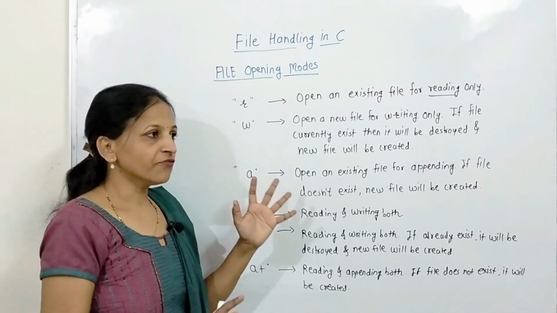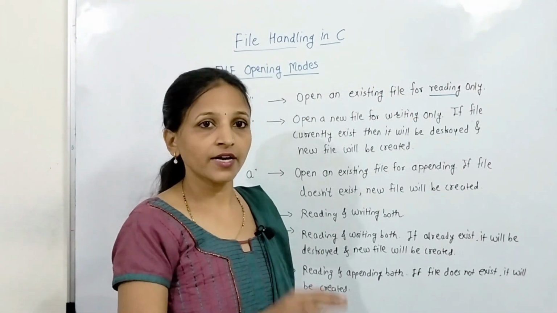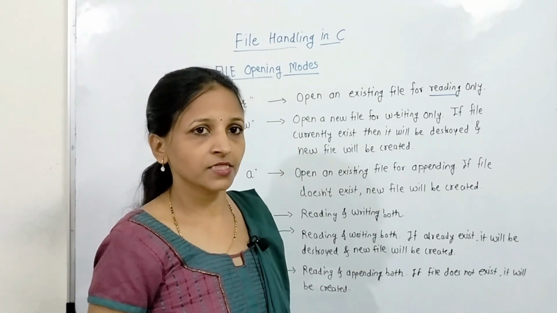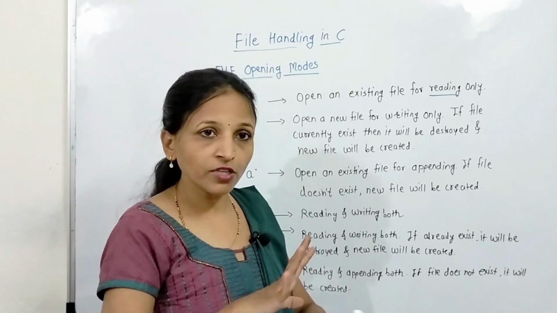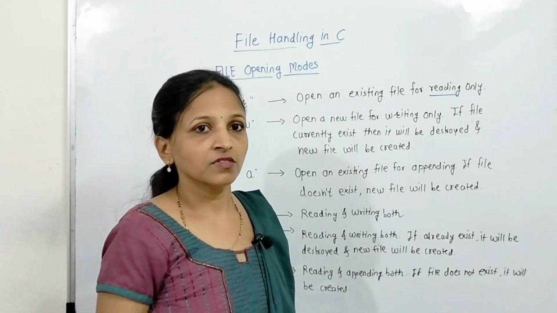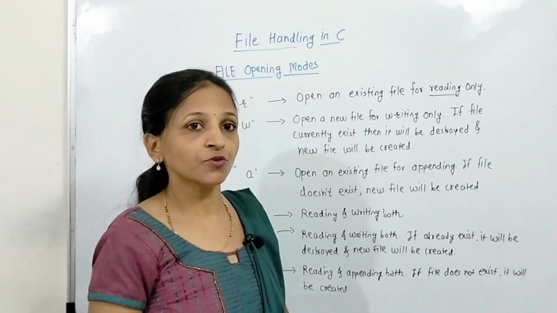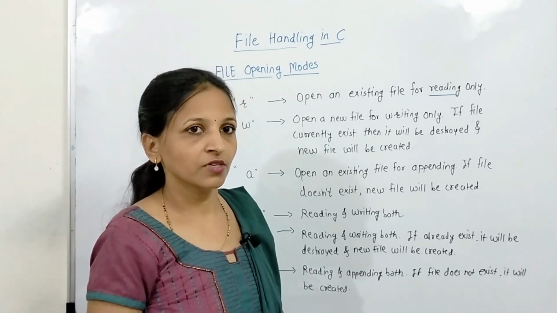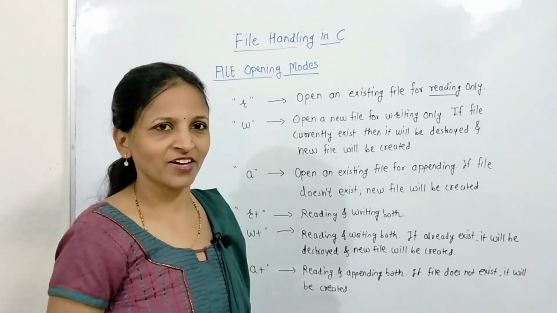How? If you are opening any file using W mode and it already exists on the hard disk, then the fopen function will erase all the contents of that file and it will be presented as a new file. And if it is not present on the hard disk, then it will create that file.